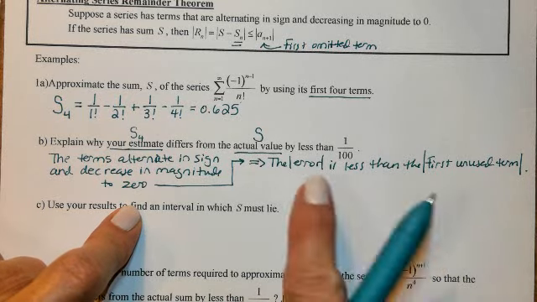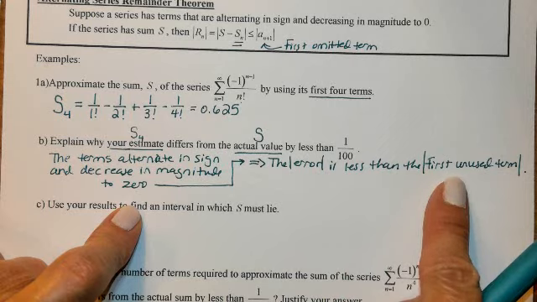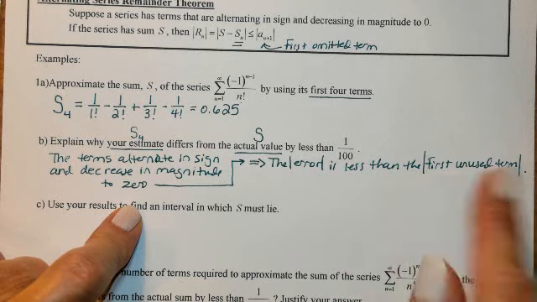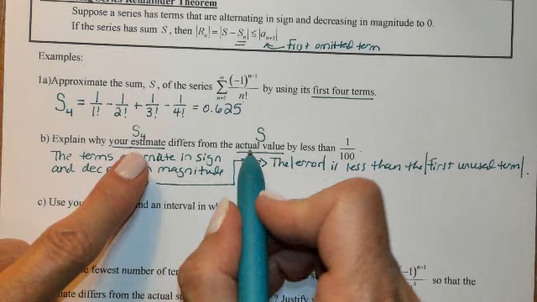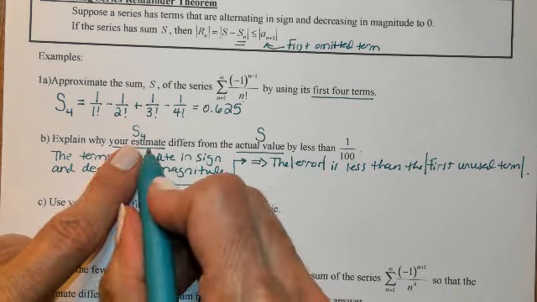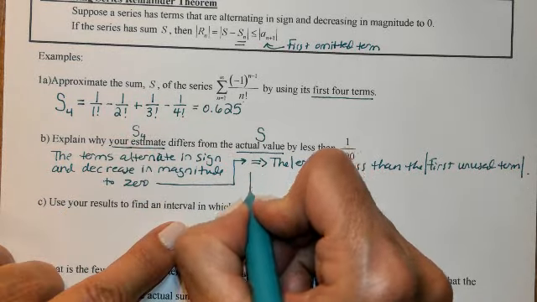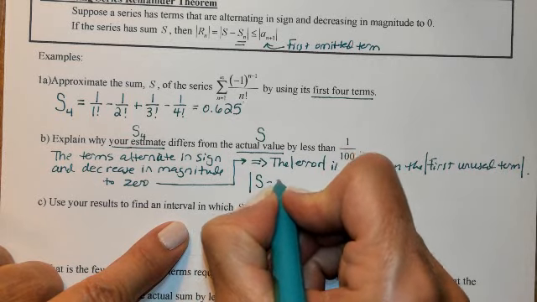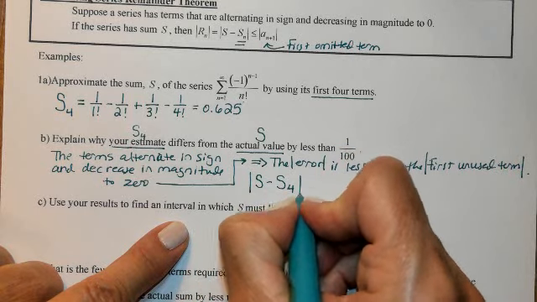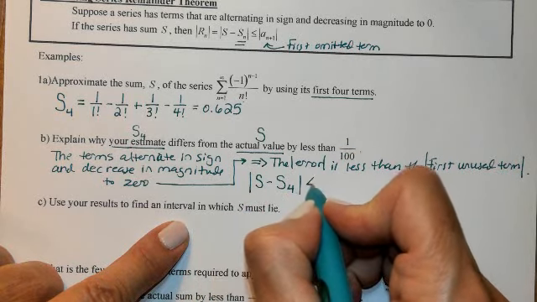So the absolute value of the error is less than the absolute value of the first unused term, right? So since they asked me why my estimate differs from the actual value, I'm going to do this. My estimate differs from the actual value by less than.